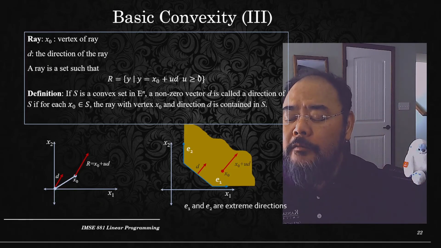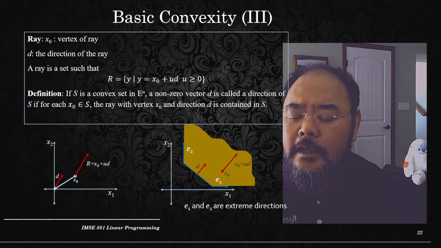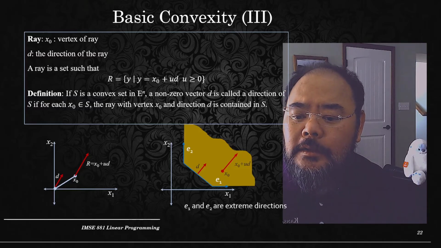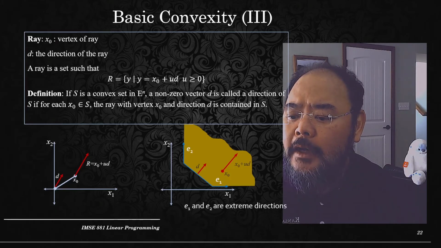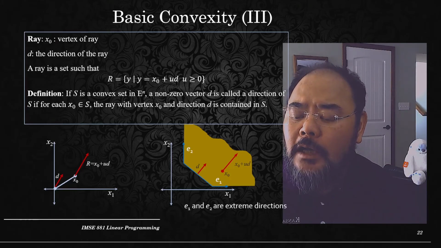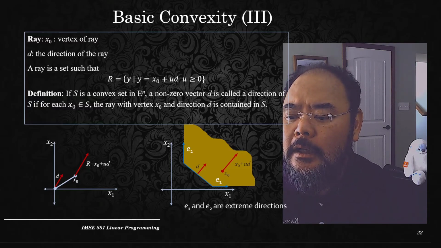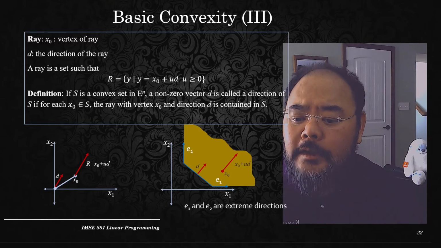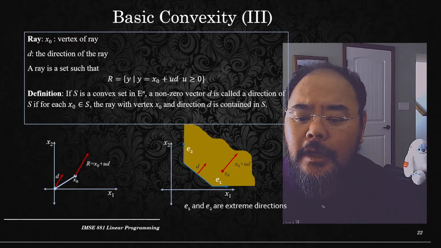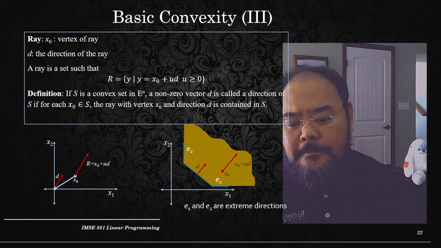So, definition: S is a convex set in n-dimensional Euclidean space. A non-zero vector D is called a direction of S if for every single x naught in the set S, the ray starting from that vertex x naught in the direction D is contained in S. What does this mean?